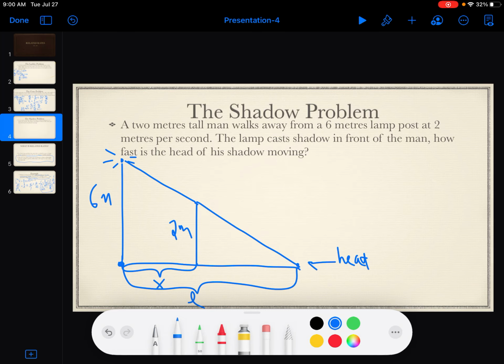So now we've labeled our diagram, and the first thing you see in this diagram is that you got this big triangle right here with a side of 6, and then also a side of L, and you have a second triangle as well, and that triangle is formed by the man and the distance from the man's feet to the head of his shadow, which is this.